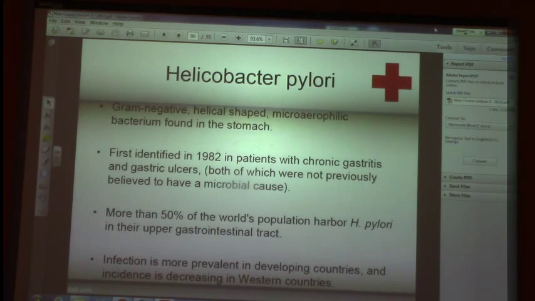Statistically, we now know that more than 50% of the world's population harbors H. pylori naturally. In regards to epidemiology, the infection is more prevalent in developing countries, and the incidence is decreasing in Western countries as we know more about how to control this organism.